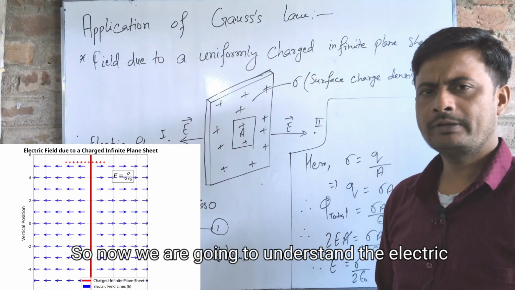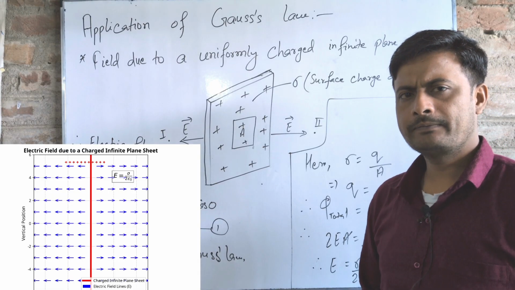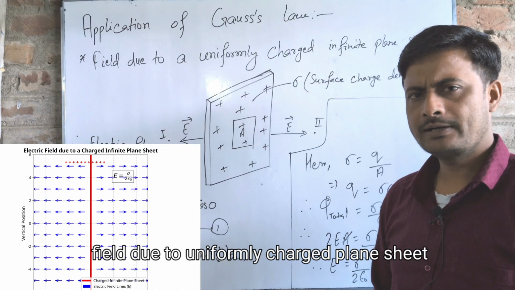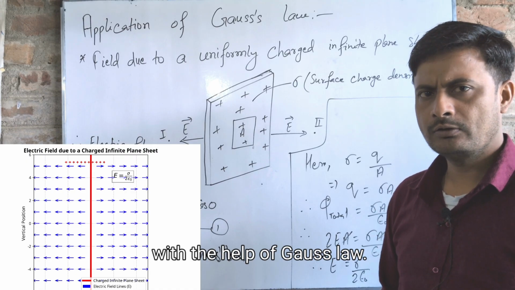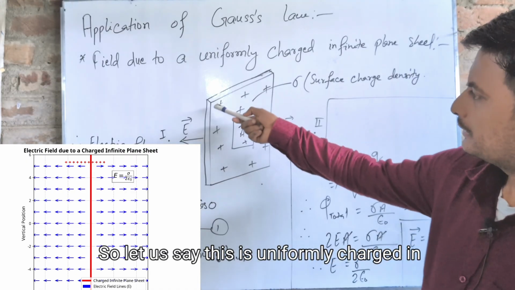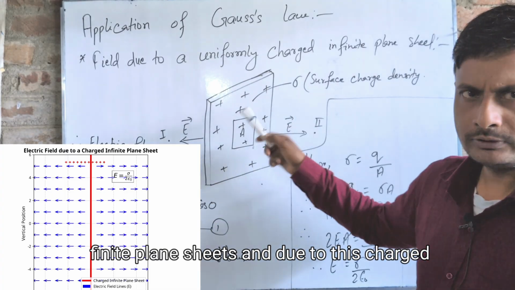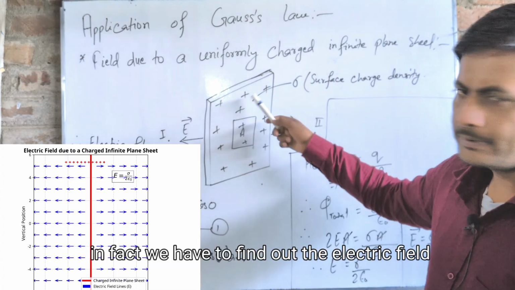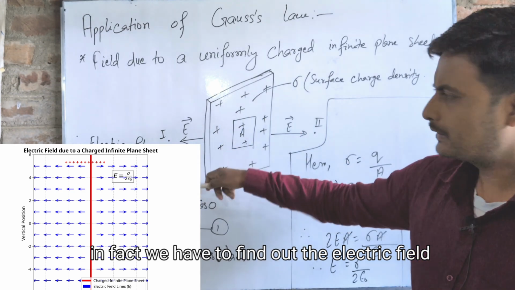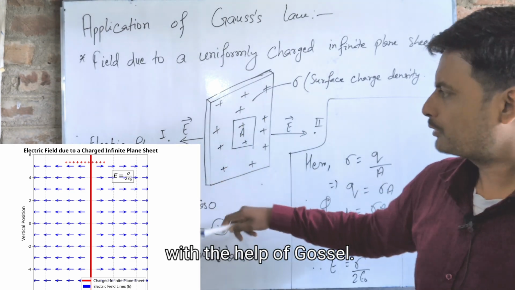Okay, so now we are going to understand the electric field due to a uniformly charged plane sheet with the help of Gauss law. Okay, so let this be a uniformly charged infinite plane sheet, and due to this charged infinite plane sheet we have to find out the electric field with the help of Gauss law.